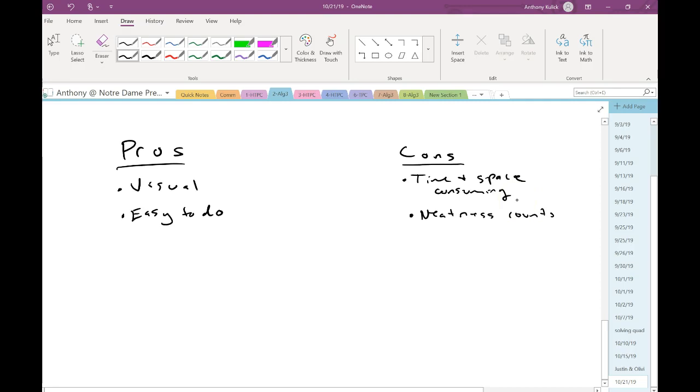If you're not drawing a very neat graph, it makes it really difficult to get an accurate answer out of here. Let's see, what else is a problem? Yeah. So, like, this affects your accuracy.